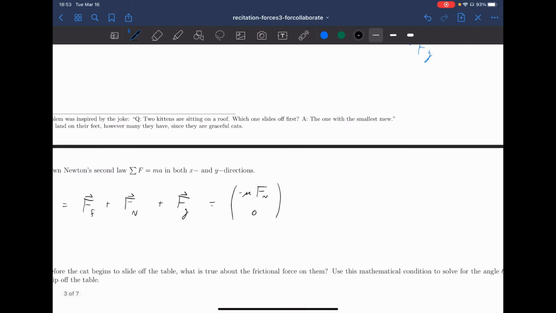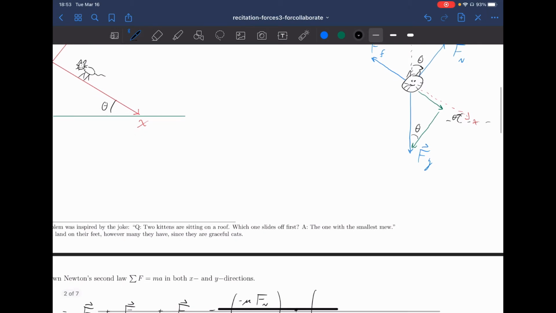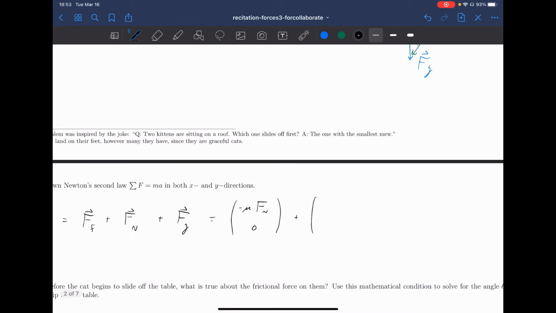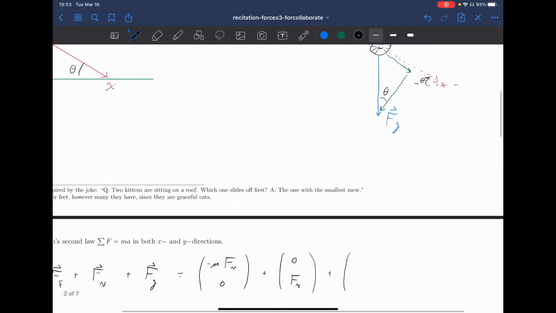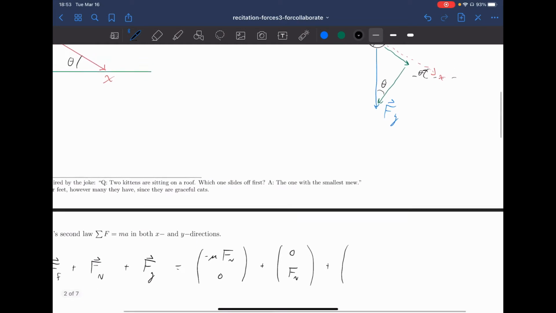So now for the normal force. That looks like only something in the y direction. So that's easy, and we'll just write that in as Fn. So 0, Fn, and then we have the force of gravity. So using some trig, we know gravity is mg, and then we need to think about the components.